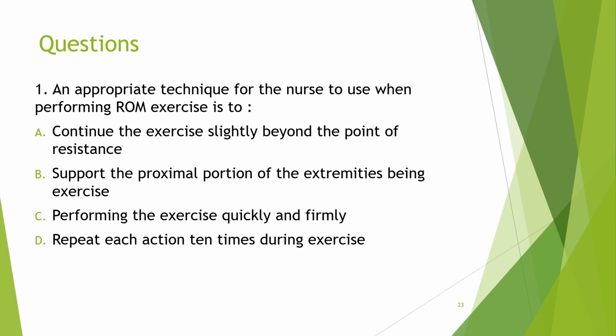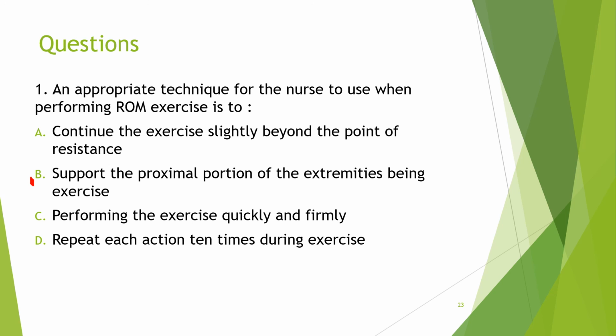We have some questions. An appropriate technique for the nurse to use when a range of motion exercise is due. First, continue the exercise beyond the point of resistance. Second, support the proximal portion of the extremity being exercised. Third, perform the exercise quickly and firmly. Fourth, repeat each action 10 times during the exercise. So first you comment your answer, then I will say.